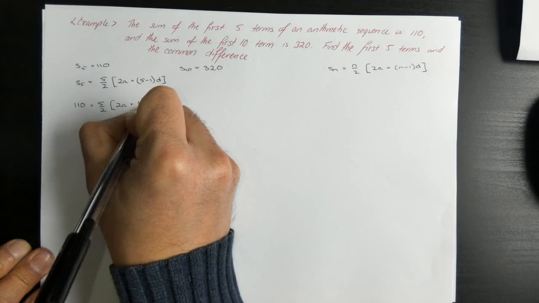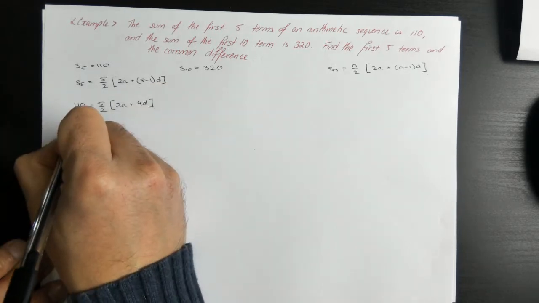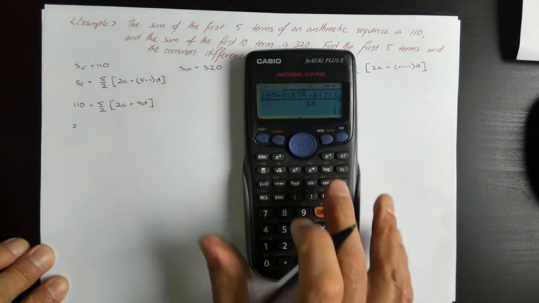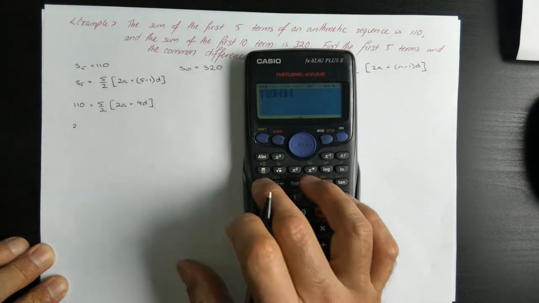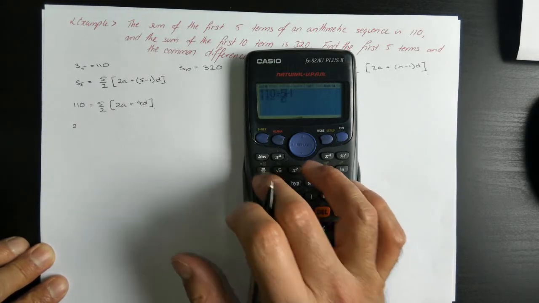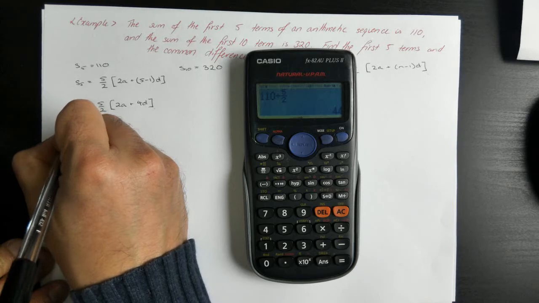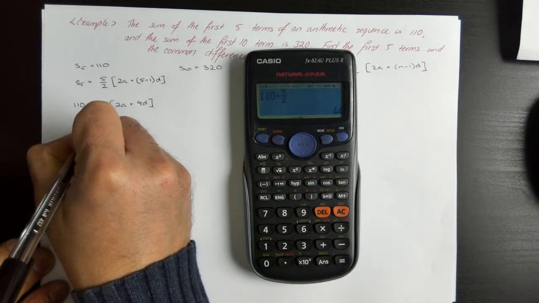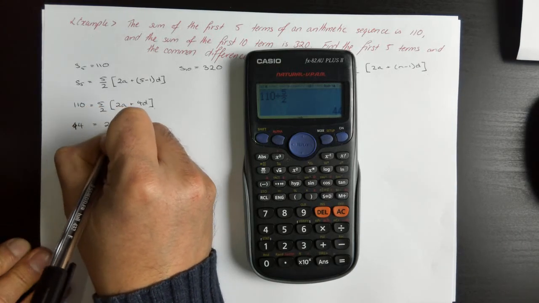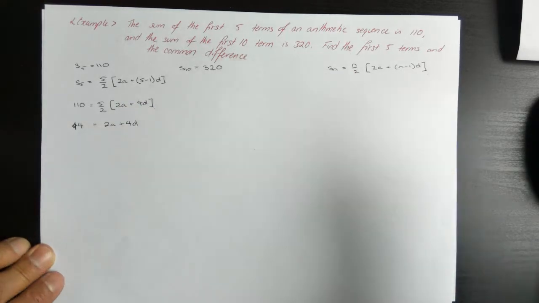So 110 divided by 5 on 2 is 44, which is equal to 2a plus 4d. Okay.